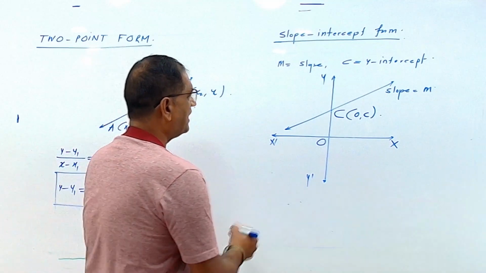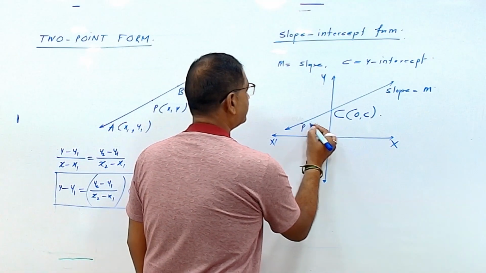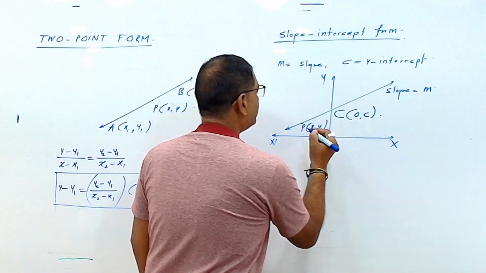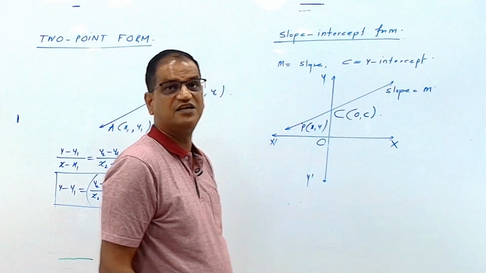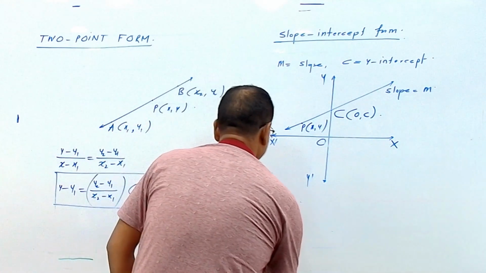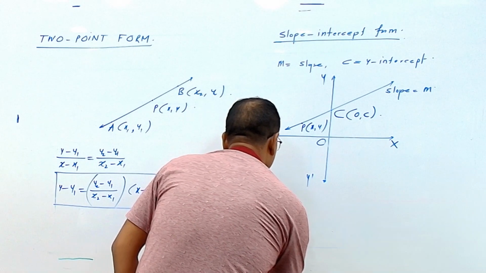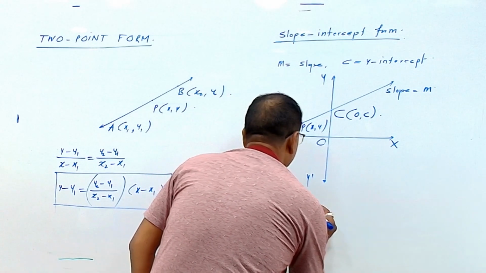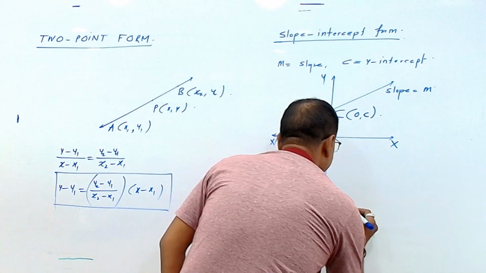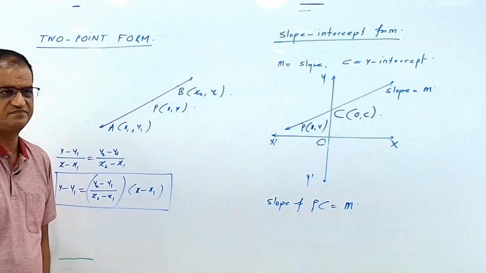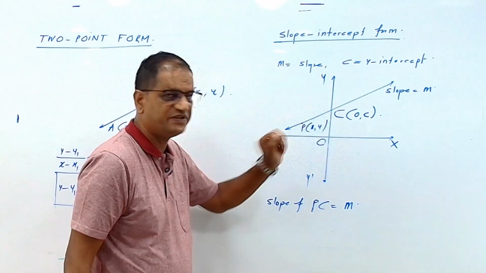Now, y-intercept means the y-coordinate of the point where the line cuts the y-axis is called as y-intercept. So in this equation, the y-intercept is there and the slope is there. Say for example, I am taking a point P somewhere over here having the variable coordinates x, y. P can be anywhere on the line. So I can say slope of PC will be same as m. How can you find out the slope of PC?